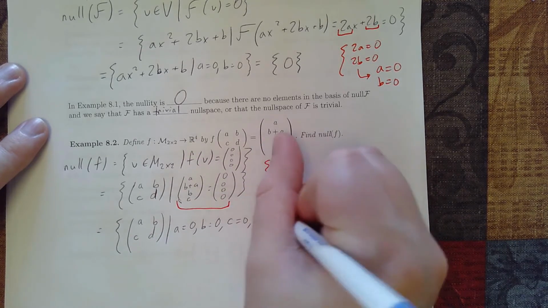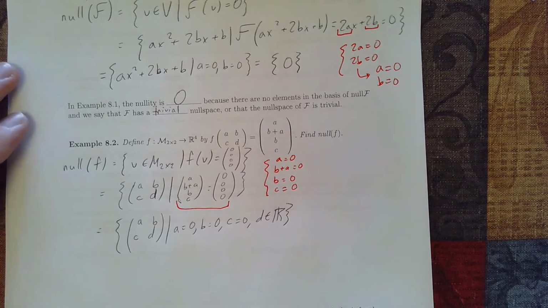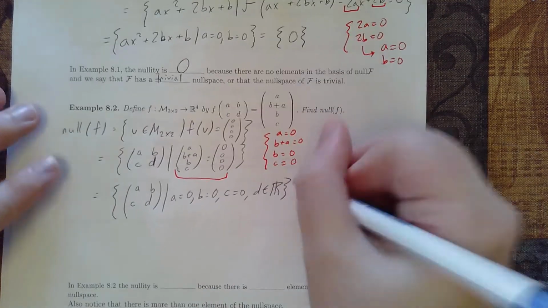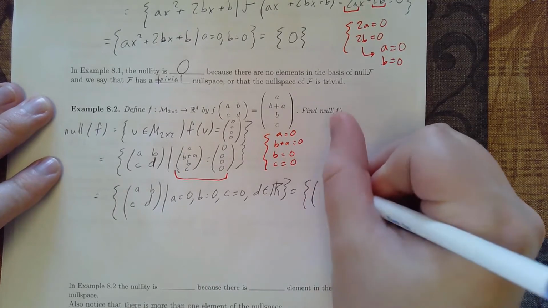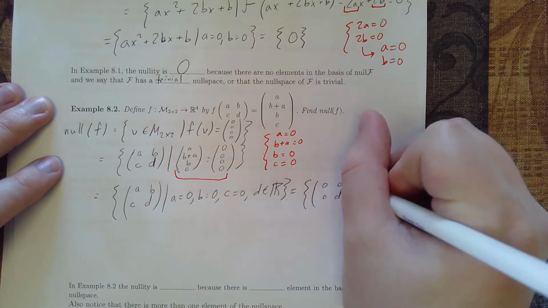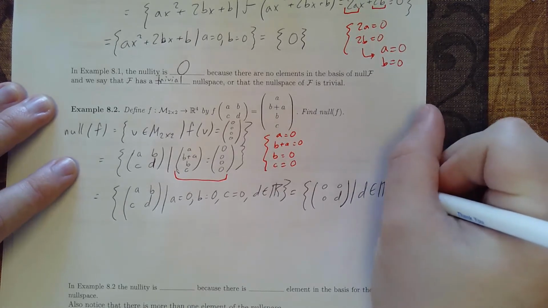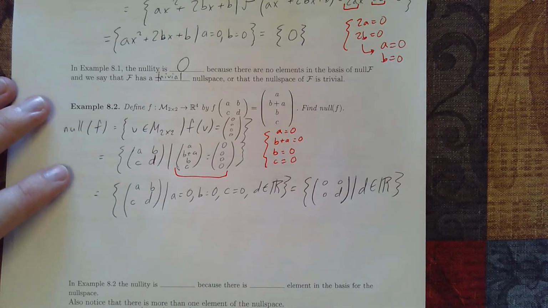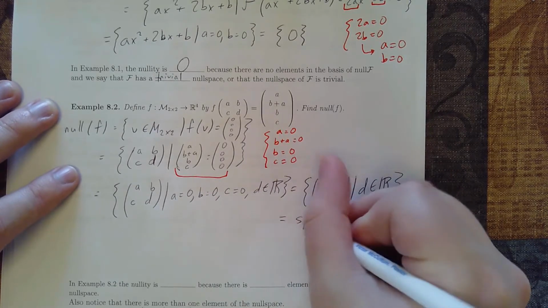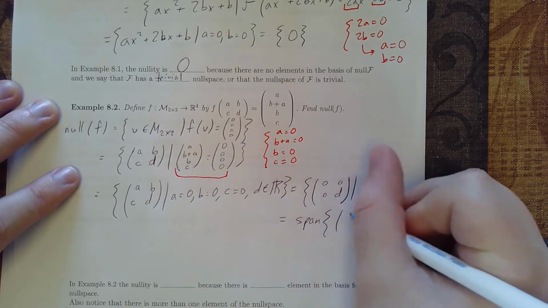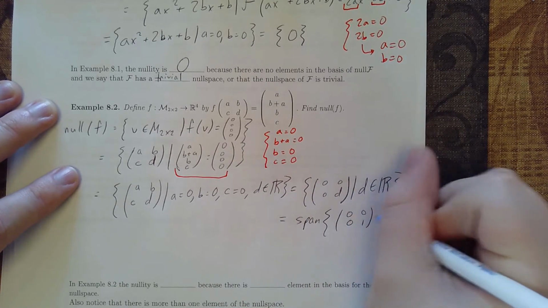But D didn't have any restrictions, so it can be anything in the real numbers. So then this is just going to become the set of all 0, 0, 0, D such that D is a real number.